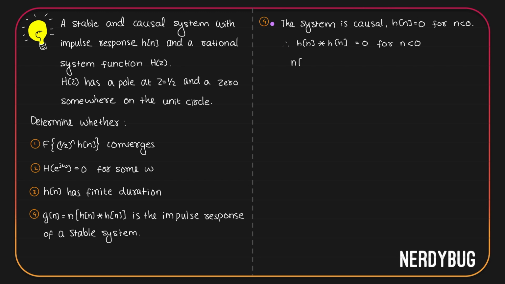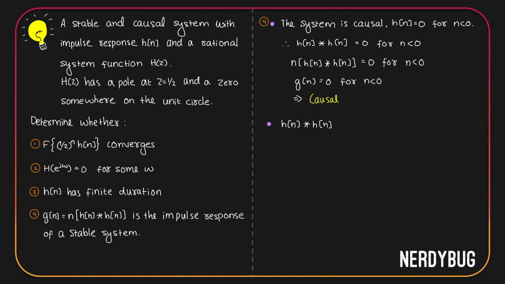Again, if we multiply this with n, this is again going to be 0 for every value of n that is less than 0. Because when n is less than 0, convolution of h of n with itself is 0. So if you multiply it with n, the product is still going to be 0. This is what we are calling g of n. So we can write g of n is equal to 0 for n less than 0. Which means if there is a system whose impulse response is g of n, that system is going to be causal.